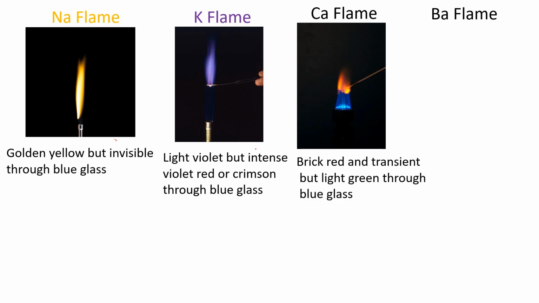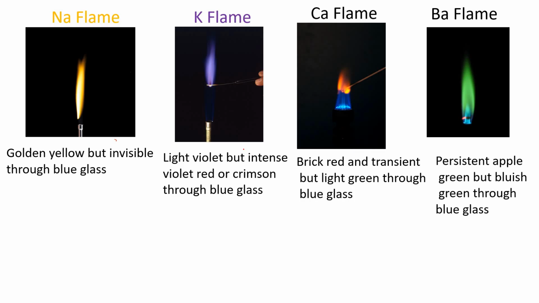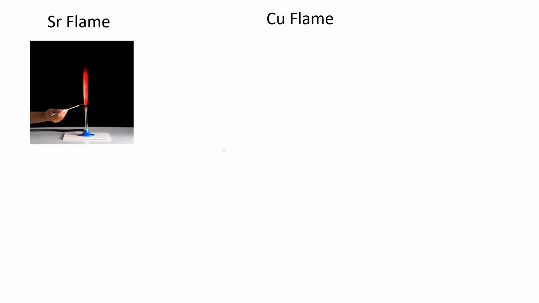Then the barium flame is a persistent green, known as apple green colored flame, but bluish green through the blue glass. Then the strontium flame is a persistent crimson red colored flame, but purple through blue glass.